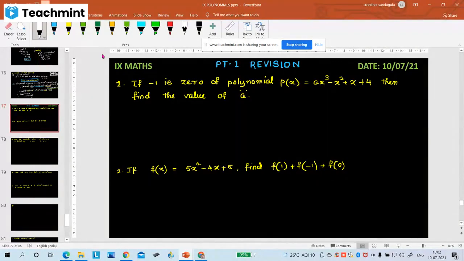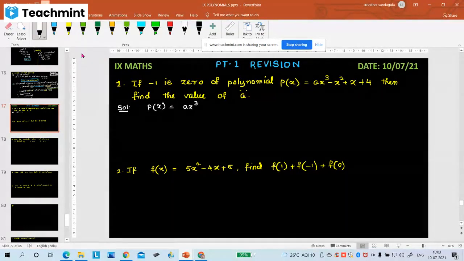So here the given polynomial is, let me write here, p of x equals ax cube minus x square plus x plus 4.